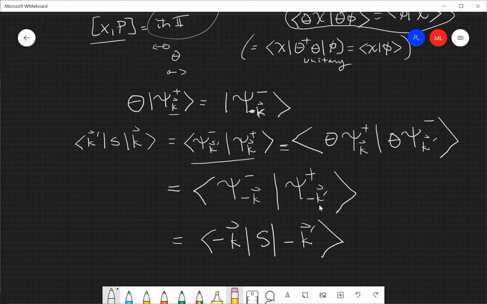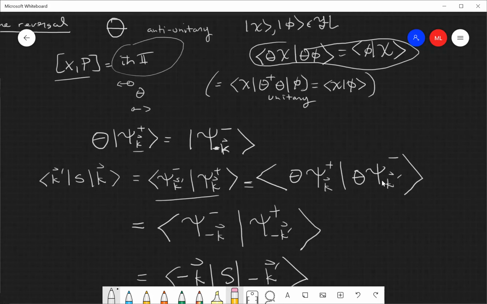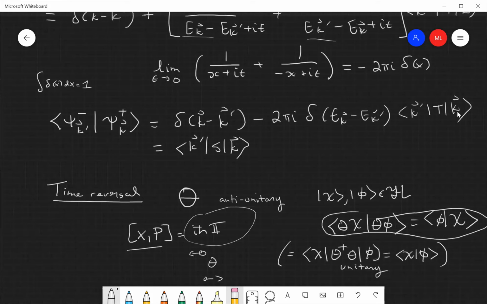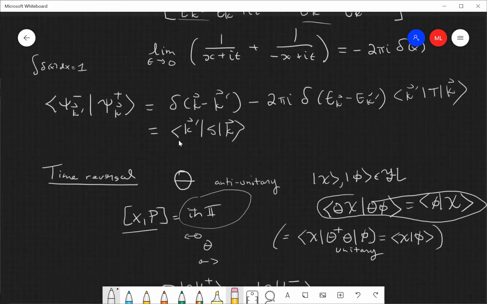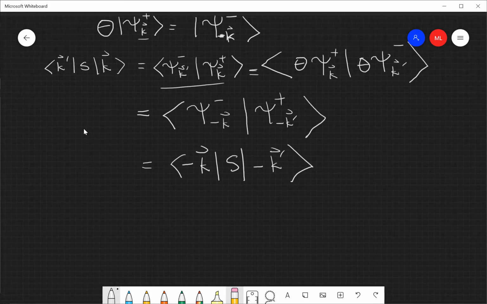And of course, there must be an equivalent relationship for the T matrix because, as you can see here, the matrix elements of S are just related to the matrix elements of T. So if the matrix elements of S satisfy this symmetry, the matrix elements of T satisfy that as well.